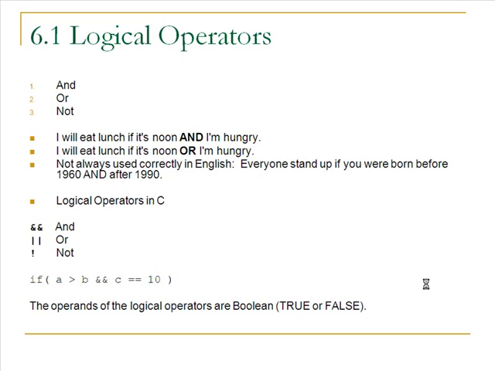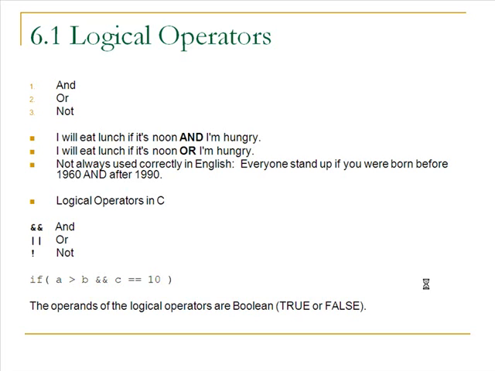The speaker certainly meant or, but in English everyone knew what was intended. And when you express something in formal logic, you have to express exactly what you intend, or it isn't going to have the intended result. So in C, the logical operators, and, or, and not, are represented using these ampersands and the vertical bars, and the not is an exclamation point.